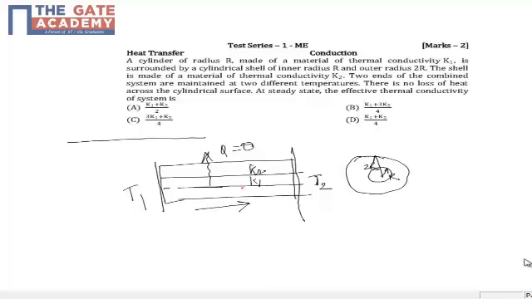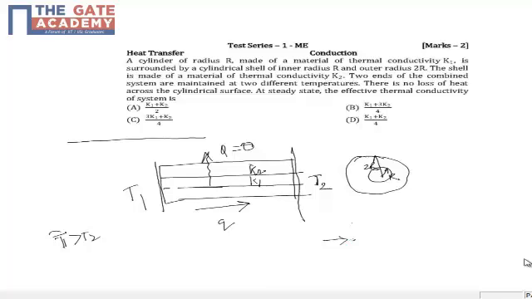Because it is given, at steady state, the effective thermal conductivity. So remember that the heat flows in this direction. Now you have two options. Without loss of generality, you can assume that T1 is more than T2, either way. When T1 is more than T2, the heat will be flowing in this direction, as given by this symbol Q, and it has two options.